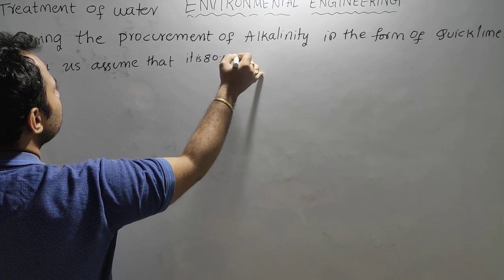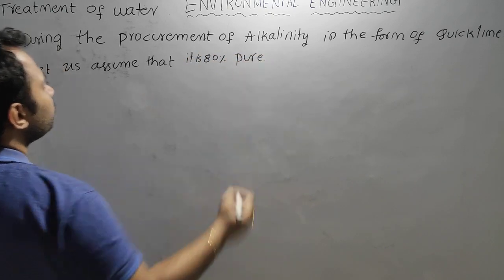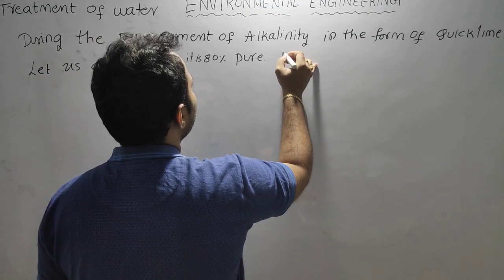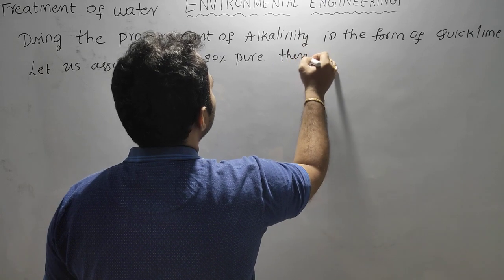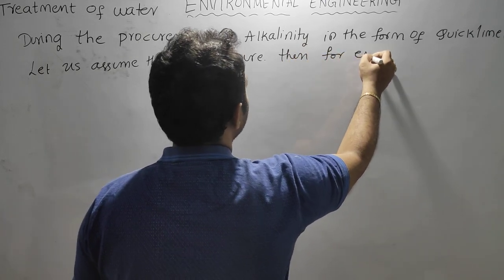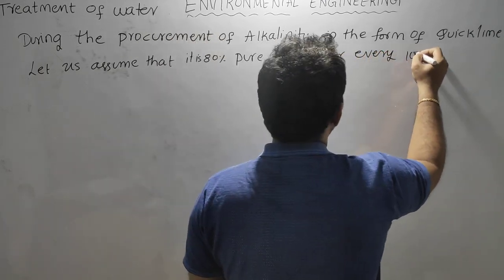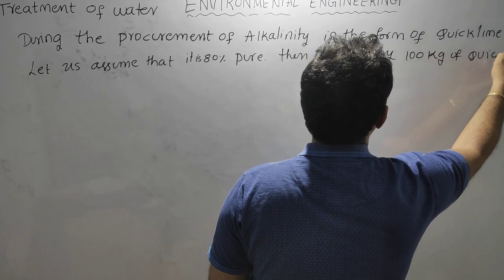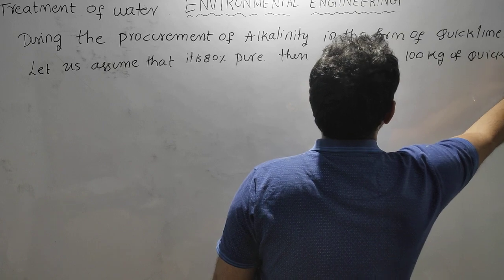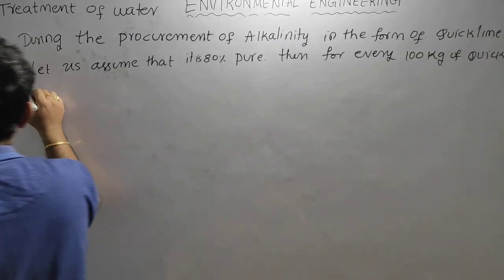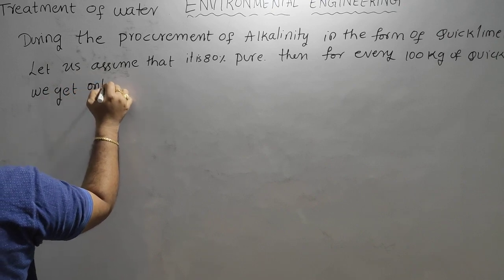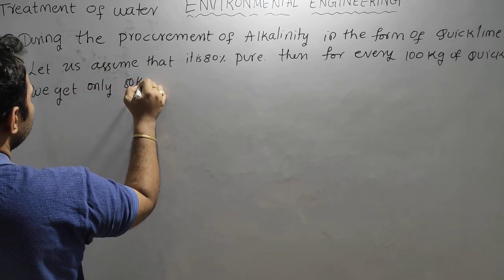Then for every 100 kg of quicklime, we get only 80 kg useful.